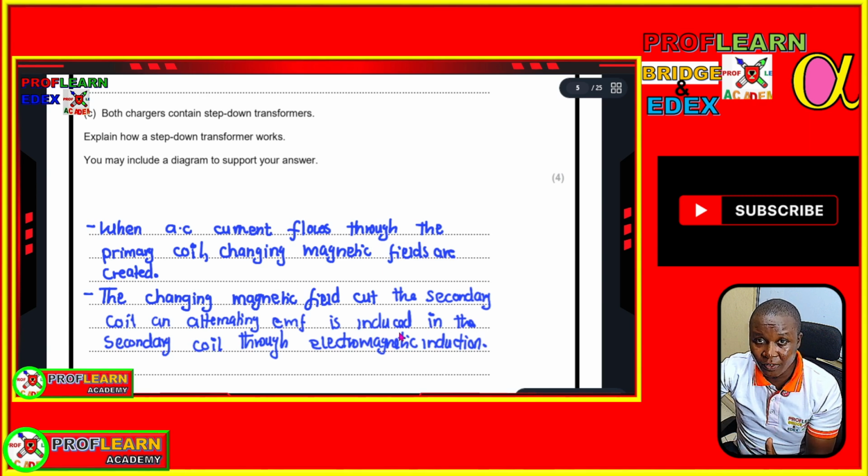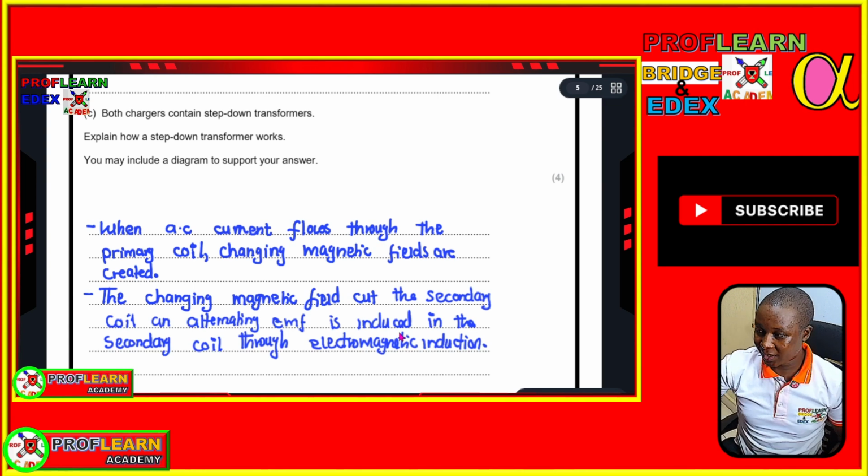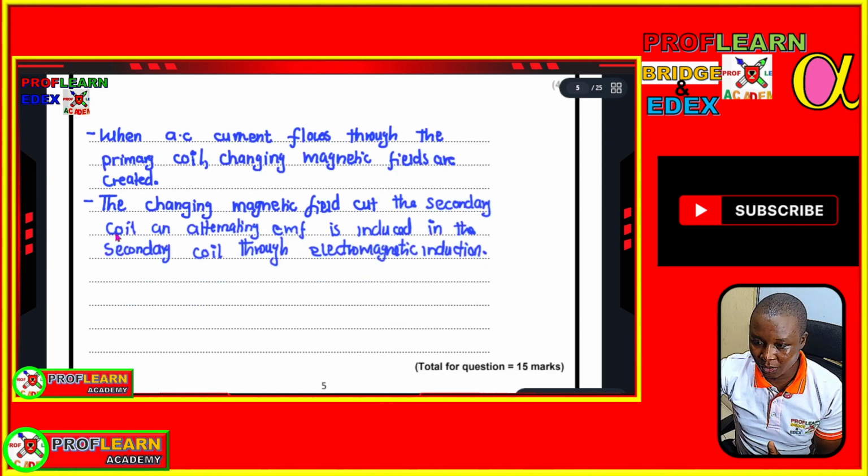When these magnetic fields cut through the secondary coil, an EMF is induced in the secondary coil through electromagnetic induction, and then the examiner will be very happy with you. You'll be getting your marks when you state your points as precisely as possible. And that is exactly what we are going to say.